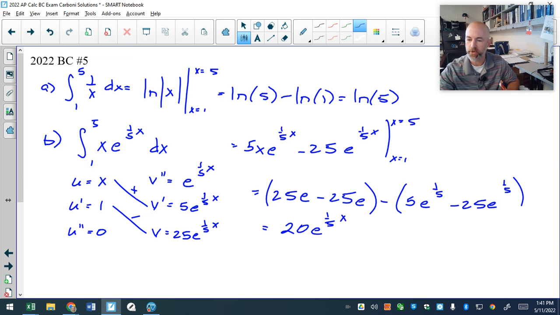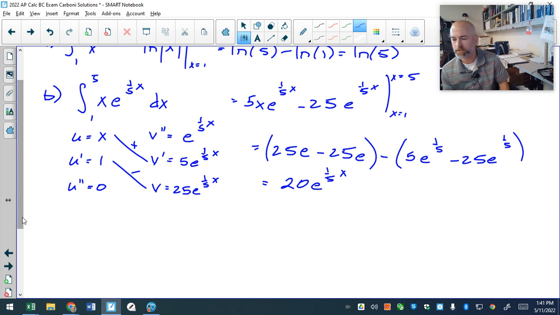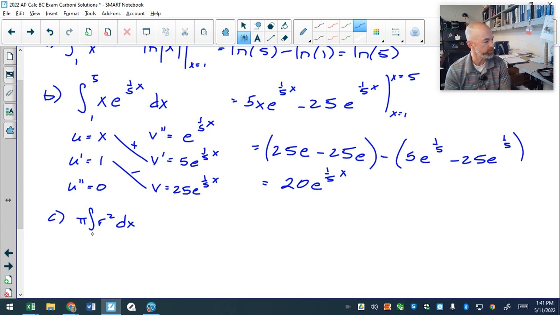Find the volume generated when W is revolved around the x-axis. And so this is going to be an improper integral, volume by disks. And so we're going to do the antiderivative of pi r squared. This will be with respect to x. This region begins at 3 and goes on to infinity.